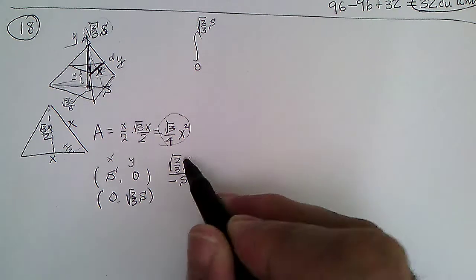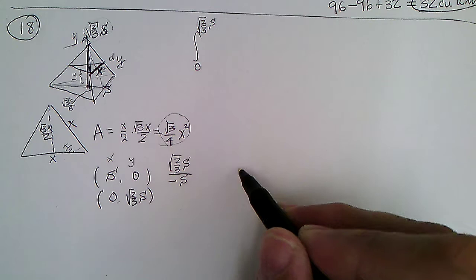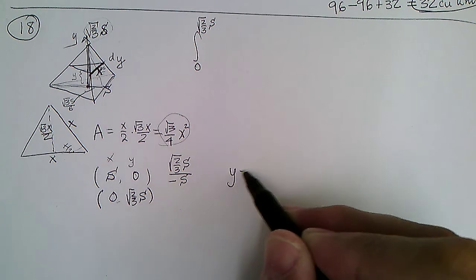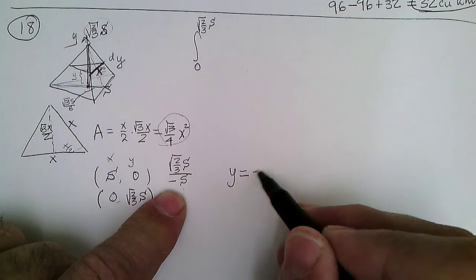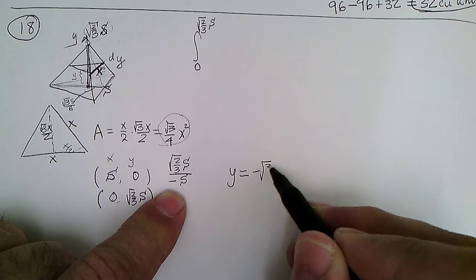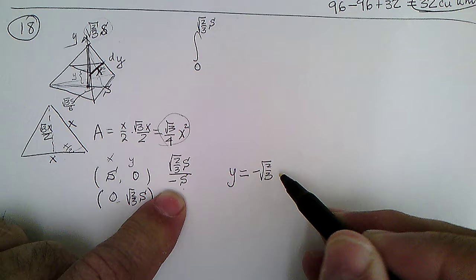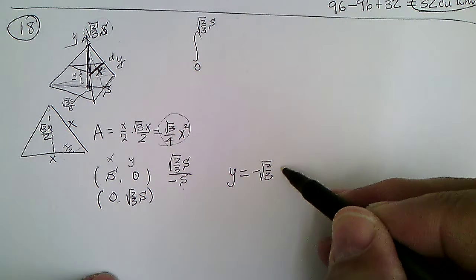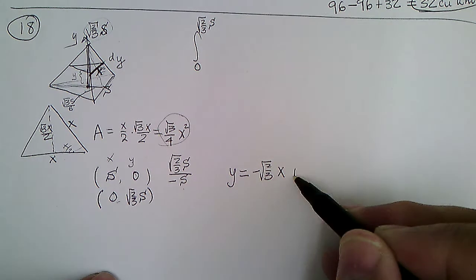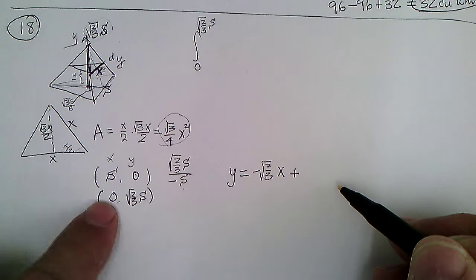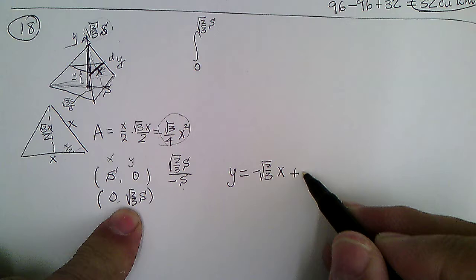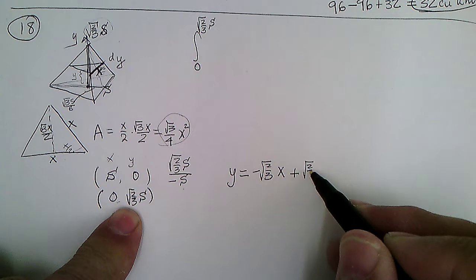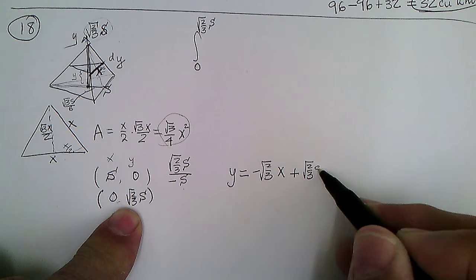That's my slope, and the s's cancel. So if I were to write the equation, it's going to be y equals negative square root of 2/3 times x plus something that makes the y-intercept, so plus the square root of 2/3 s.